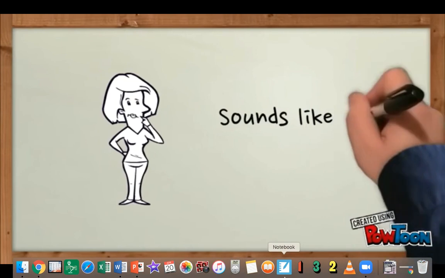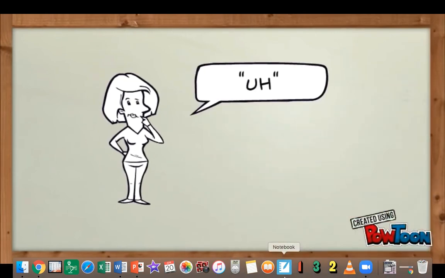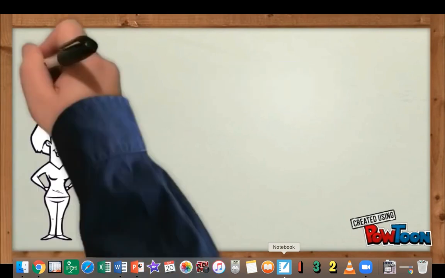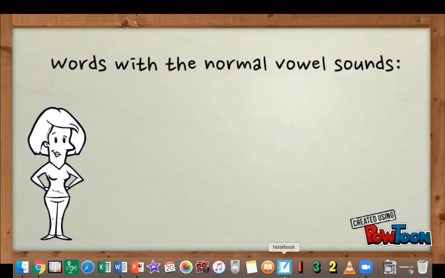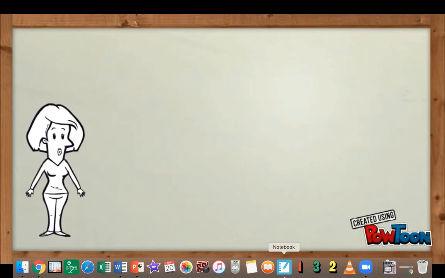Let's first find out what the schwa sound sounds like. It's as simple as this. Say it with me. One more time. Easy, right? The tricky part comes in when looking for it in words. If you look at the word can and cane, they make the normal vowel sounds for the letter A. In can and A in cane.